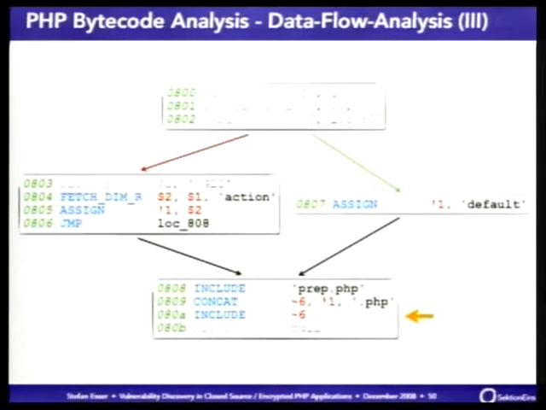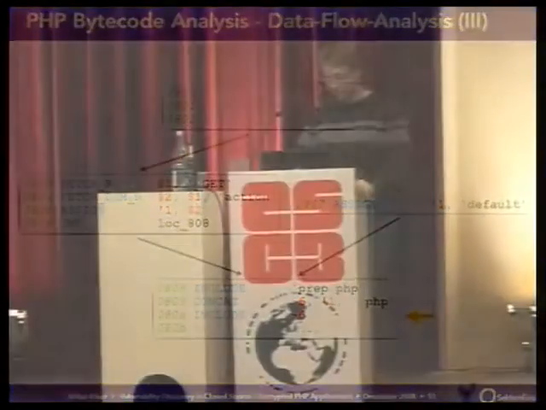So we go backward again one line, and there we see that it's actually the get array. We know the get array is user input, we consider it unsafe, and so we know that there's at least one code path that results in an unsafe include, and we can terminate here and say this function is unsafe. It doesn't matter what parameters the function uses, they're always unsafe.